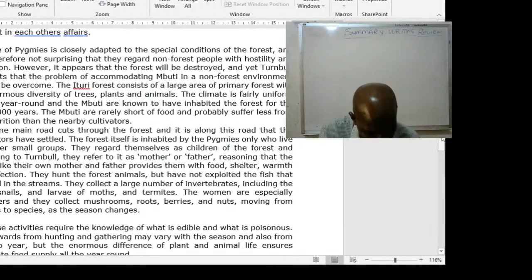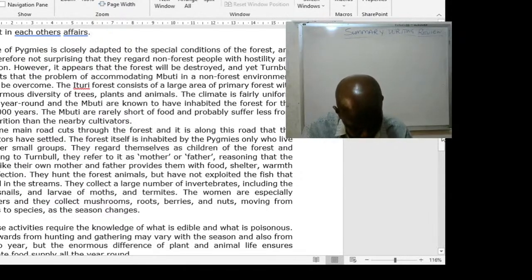They also refer to it as mother and father. Then also, we are told that it provides them with food, with shelter, with warmth, and affection, isn't it? So all those, remember the question was, what value do these pygmies get from the forest?